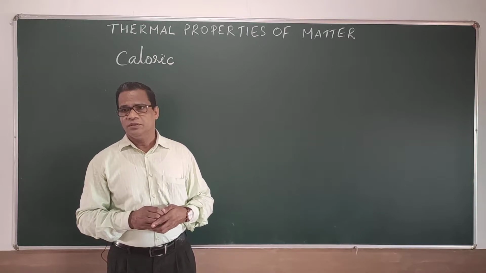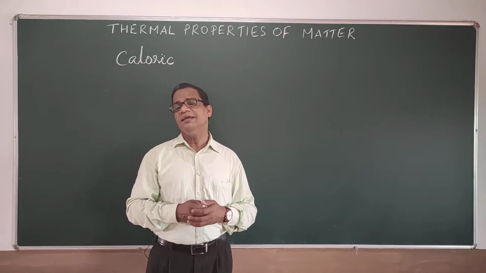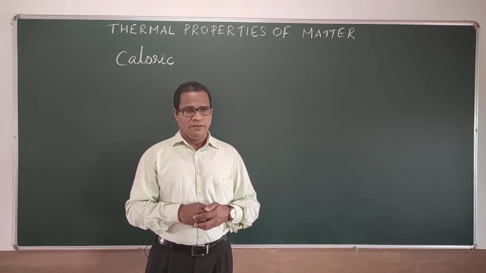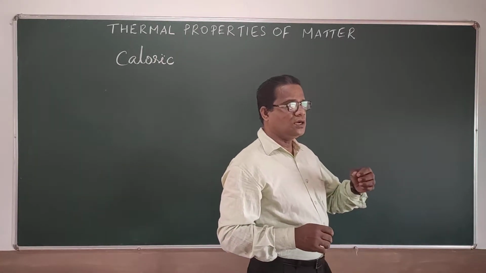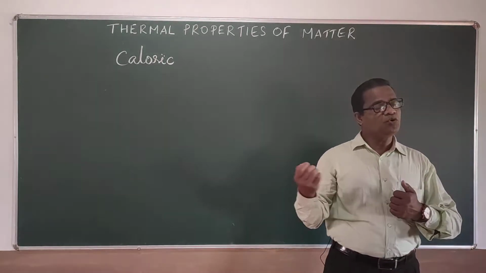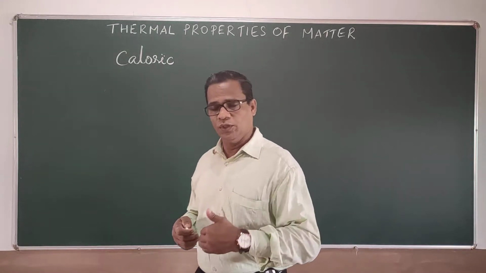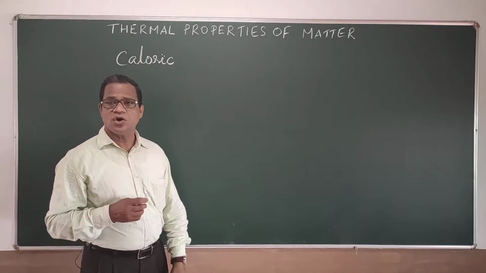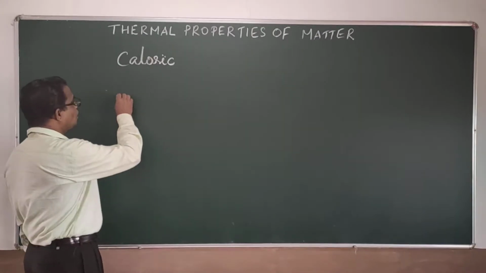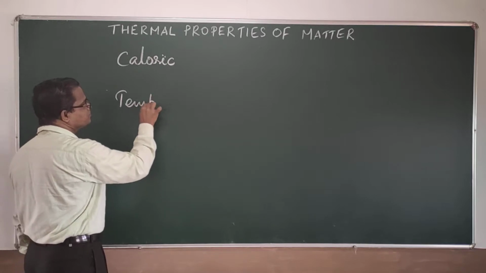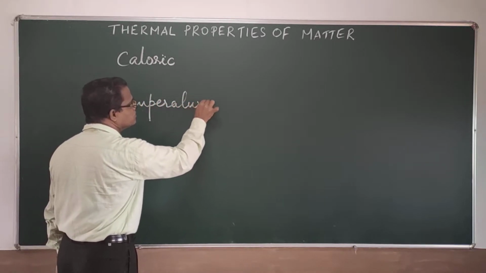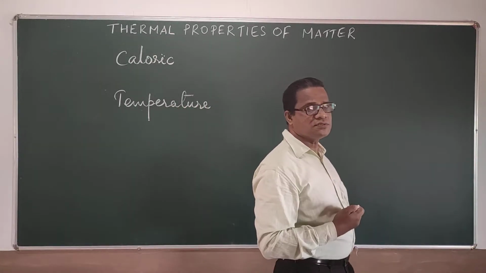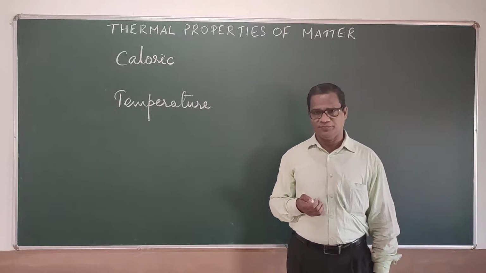Okay. Now the hotness is increasing as the heat is getting added to it. And when the heat is removed from the body, it is getting cooled. So this hotness or coldness is what we call temperature. So we can define temperature as degree of hotness or coldness of the body.